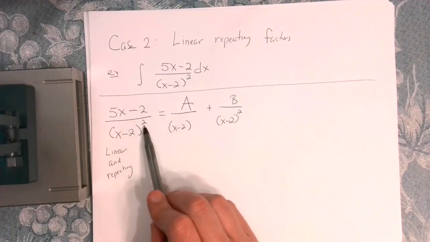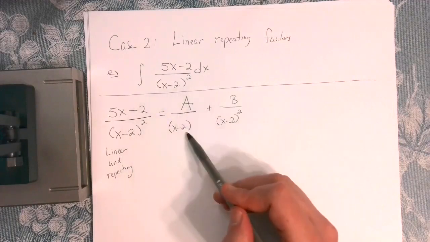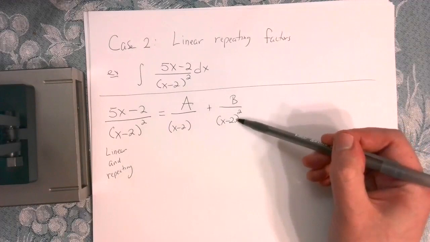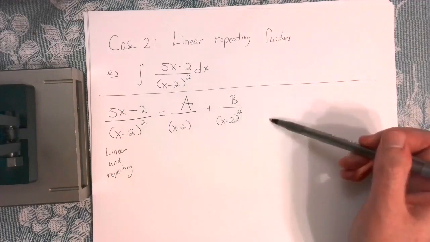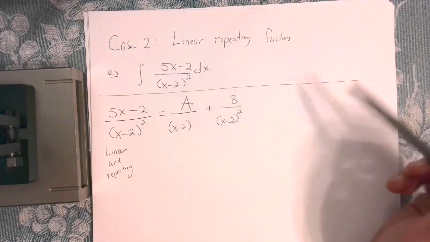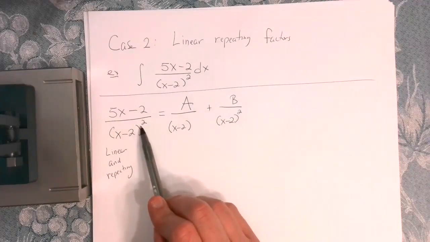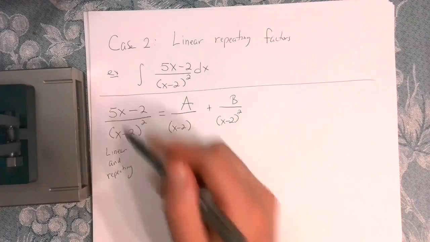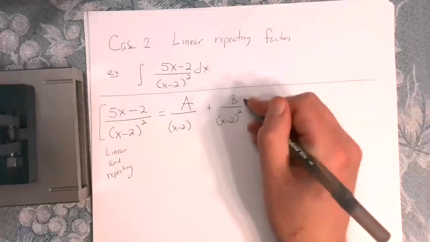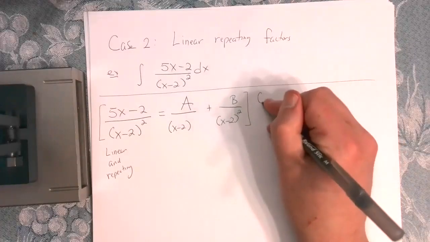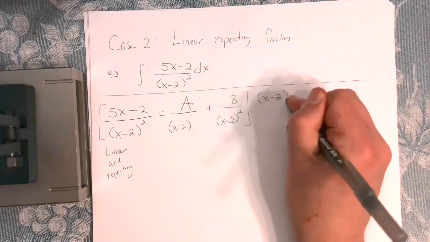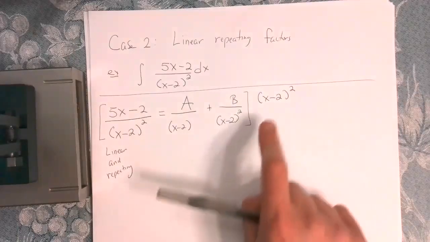If this were power 4, I would need A over this to the first, B over this squared, C over this cubed, and D over this to the fourth. Do you see how you account for every power from 1 to the ultimate power? Okay, so that's how to deal with repeating factors. And the rest is really more of the same.